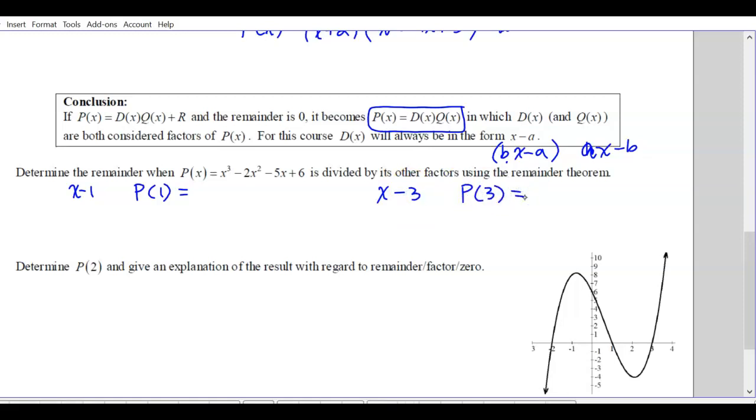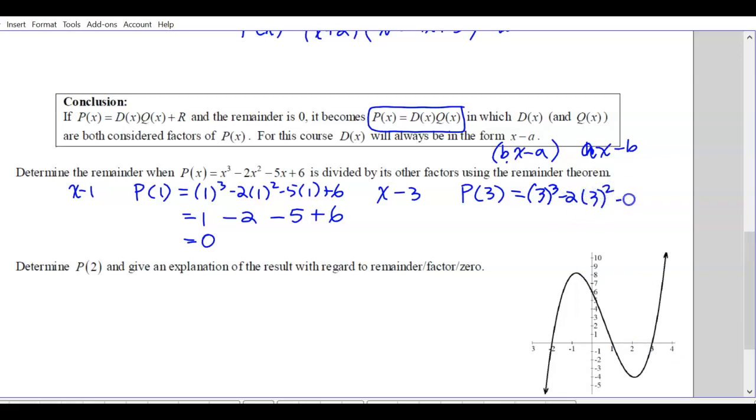Okay, so do that, check. Make sure you get a value of 0. 1 minus 2 minus 5 plus 6 is 0. And then here, that's going to be 3 cubed minus 2 times 3 squared minus 5 times 3 plus 6.